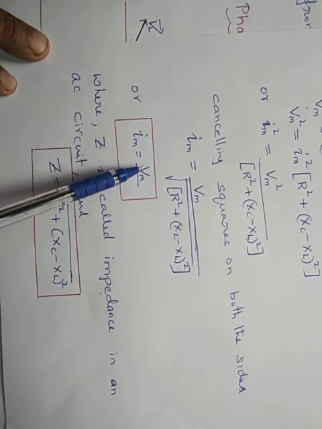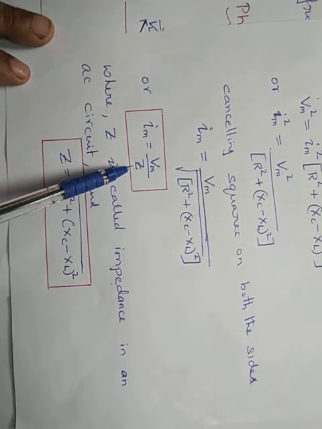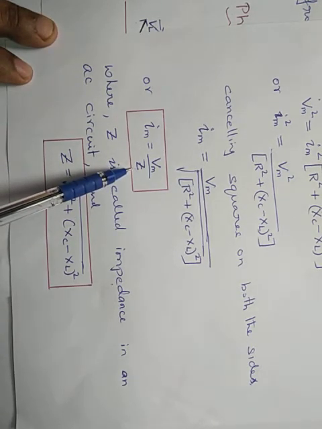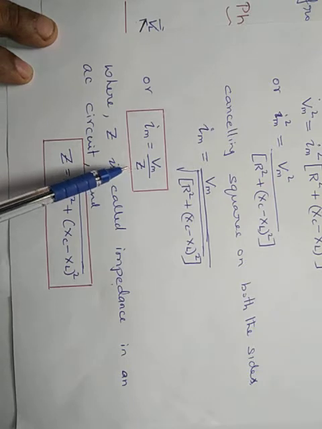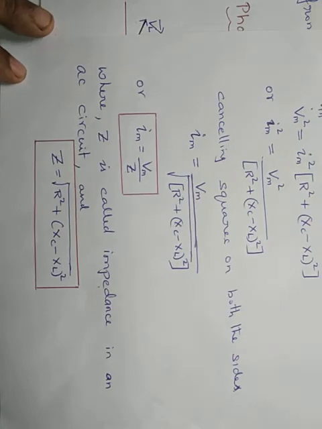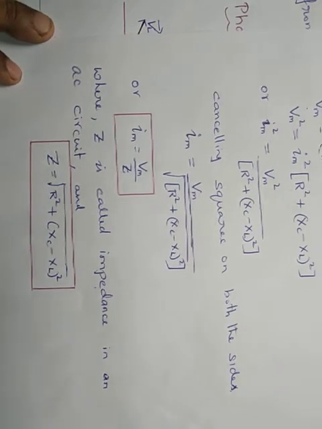So here Im equals Vm by Z. Z is analogous to resistance in the LCR circuit, so it is called impedance in an AC circuit. The equation for Z is Z equals under root R square plus Xc minus XL whole square. So this is the equation we required.